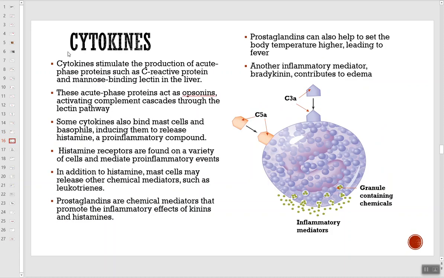So our cytokines are also going to start on our acute phase proteins. We have acute phase proteins, and one of these is C-reactive protein. You'll see this guy, abbreviated CRP, on the labs in the hospital. And the mannose binding lectin, MBL, you'll see that abbreviated like that in the lab reports.